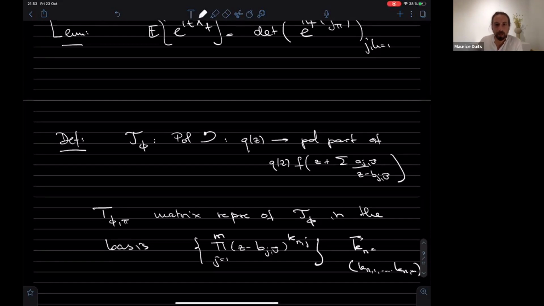So I will have a space of polynomials, and I take this basis instead of the usual basis. If you take the Cj as the basis, just the monomials, and look at the matrix representation of T phi, it will be a genuine Toeplitz matrix. But now it's not a Toeplitz matrix, because it's with respect to a different basis.